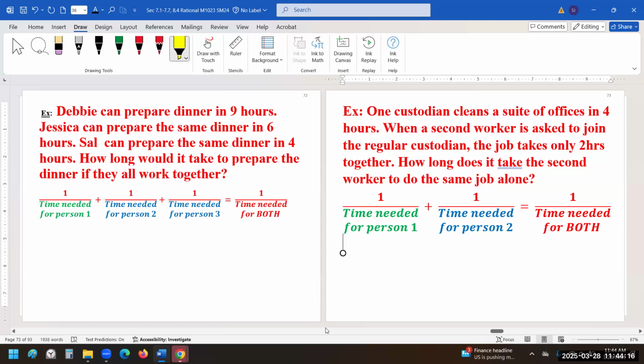1 and 10 now. 7 is equal to 10. The next one is 7 is equal to 10.